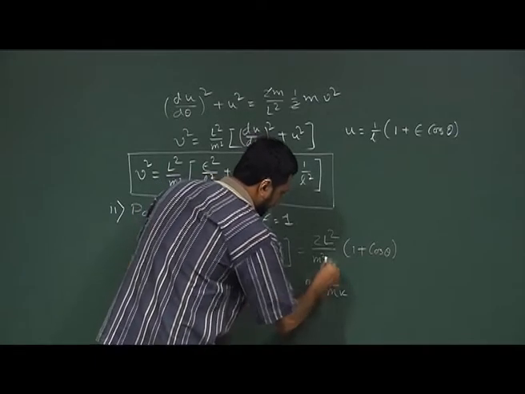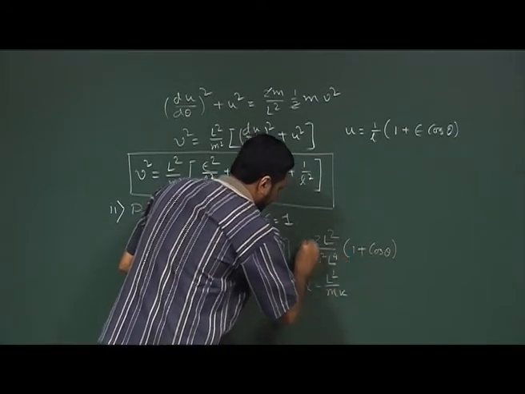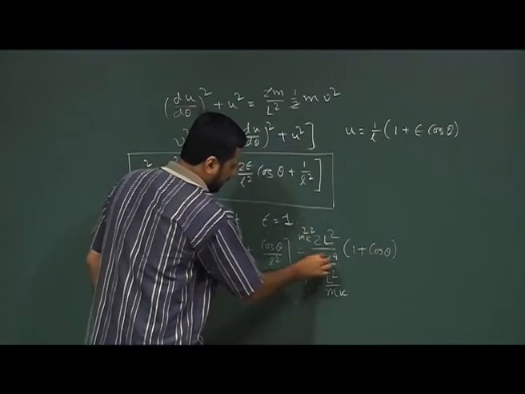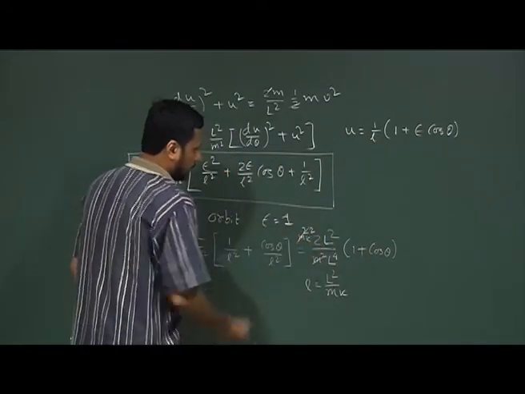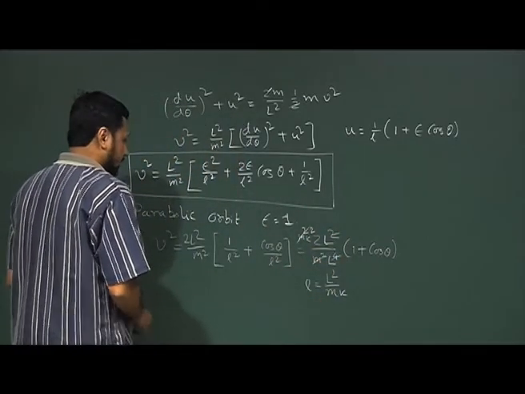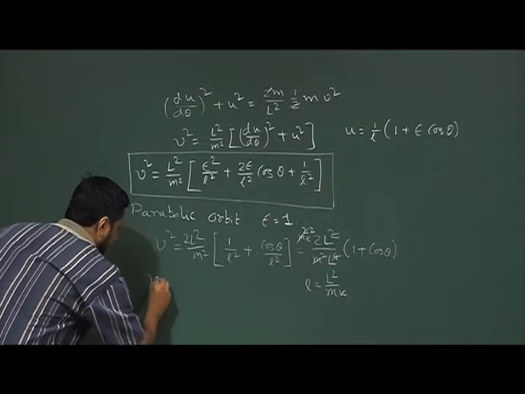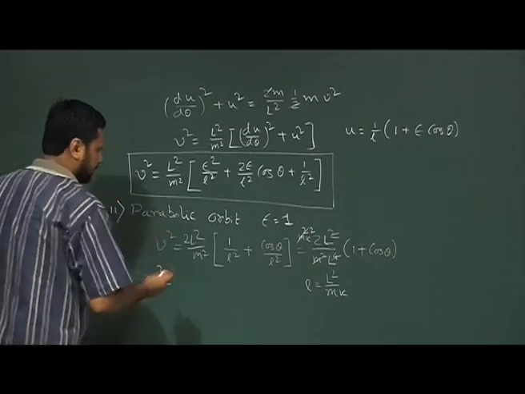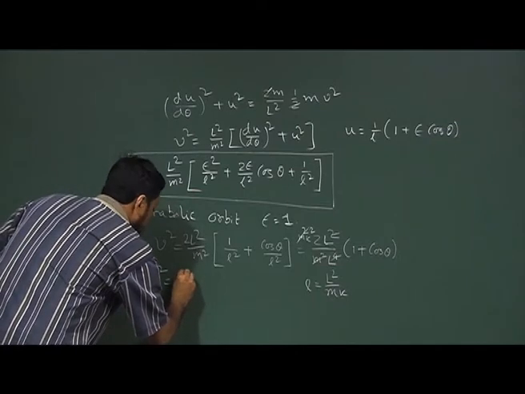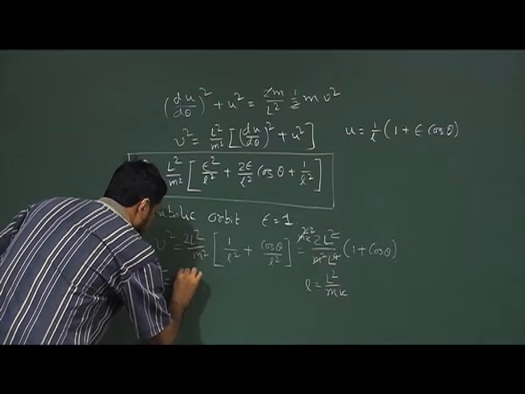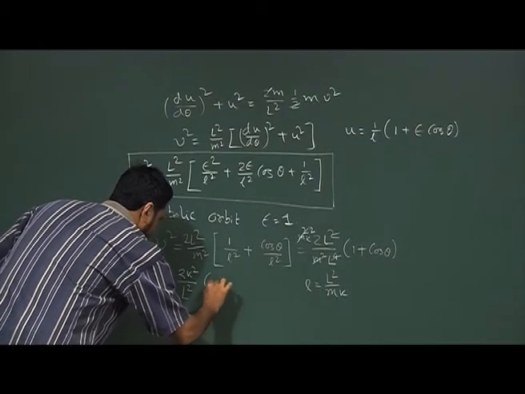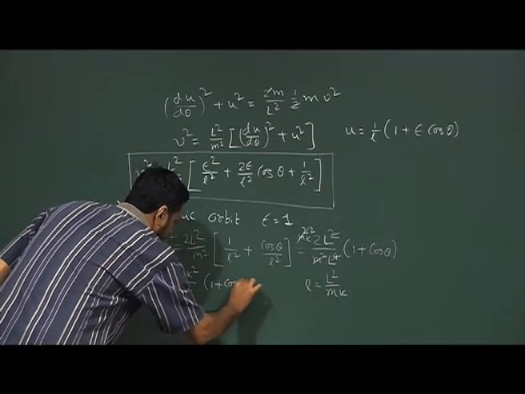So it will be L⁴, you have m², you have k², the m² goes, you have one L² left, and without surprise you get the expression which is given in the problem set as v² = (2k²/L²)(1 + cos θ).